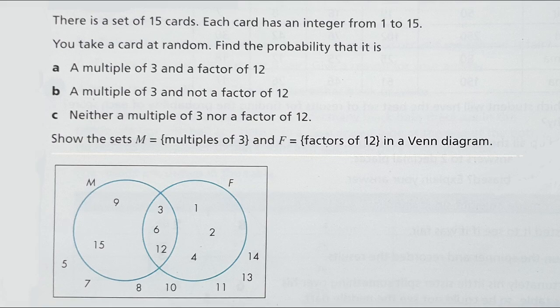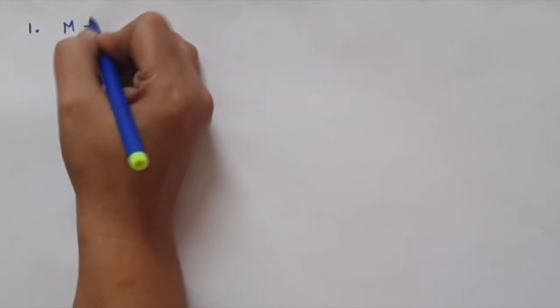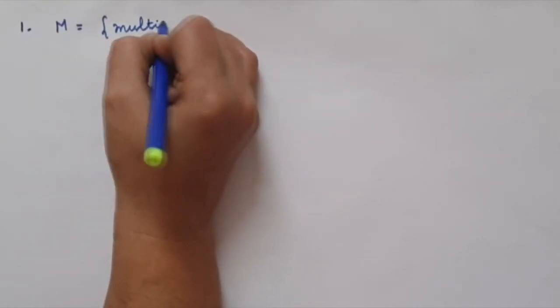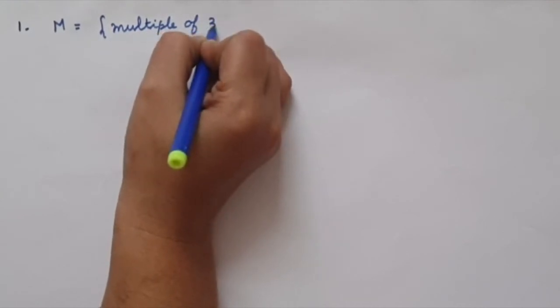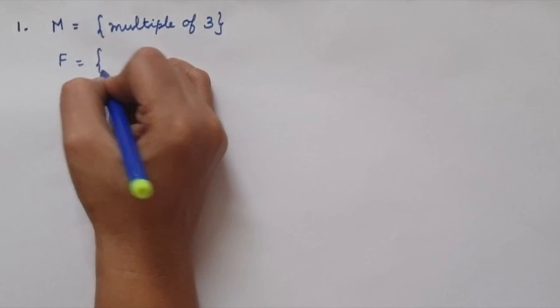Now let us see how to solve this question. M equals multiples of 3 and F equals factors of 12.